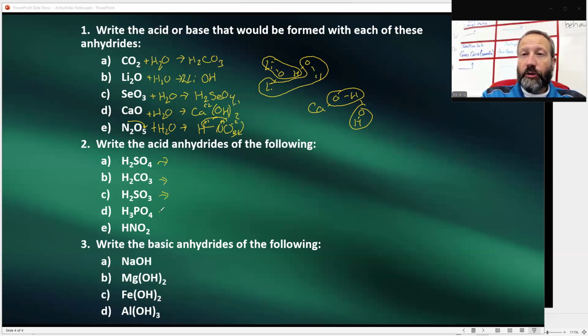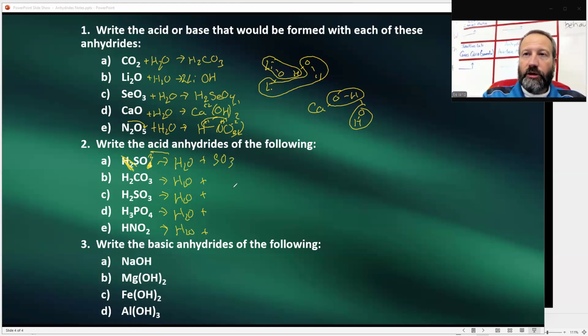Okay, now we're going to go opposite with these. So I'm not going to spend much time with these. These are all acids, so we're going to write the anhydride. So first thing I'm going to do on each is pull out a water. And I'm just going to check after I pull out the water, are the leftovers correct? So if I pull out two H's and one O, is SO3 a thing?